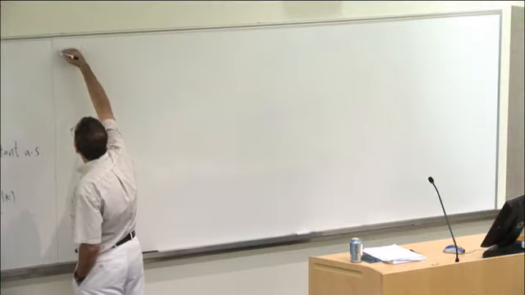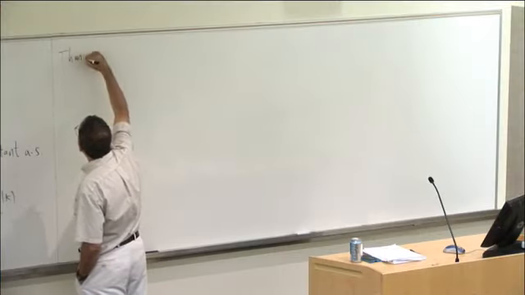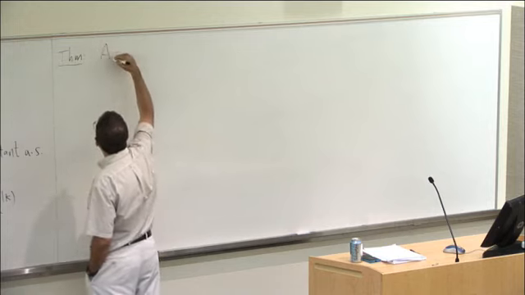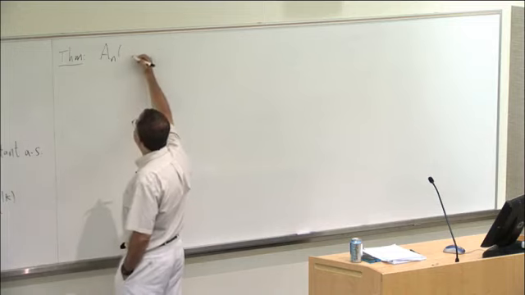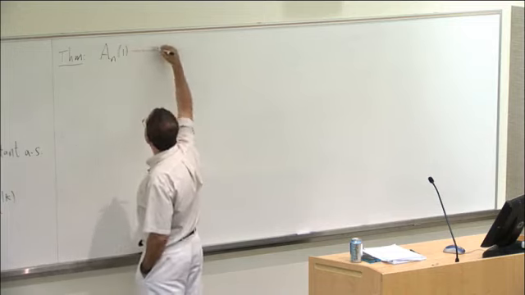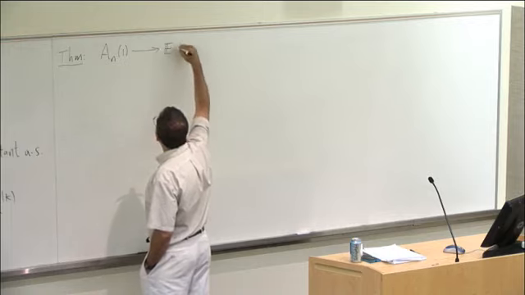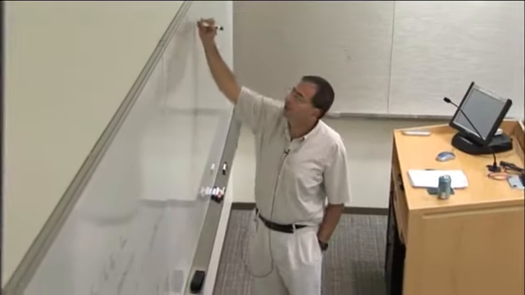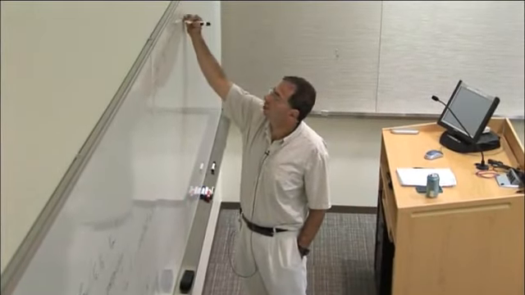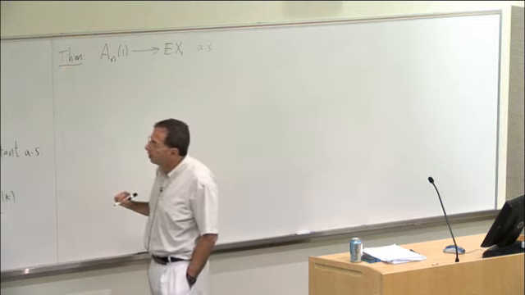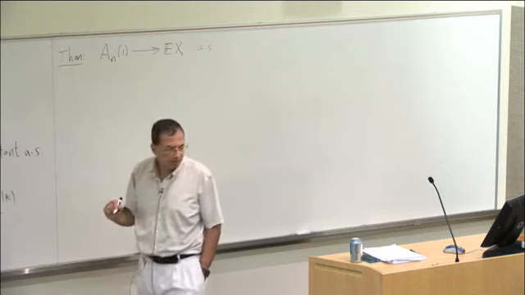Then the theorem states that A_n(k) for any k, but it's enough to talk about, say, A_n(1), converges to the mean, the expectation of X_1. Of course, by stationarity, they all have the same mean. This converges almost surely. So that's the Birkhoff ergodic theorem. Later, we'll discuss the subadditive version.